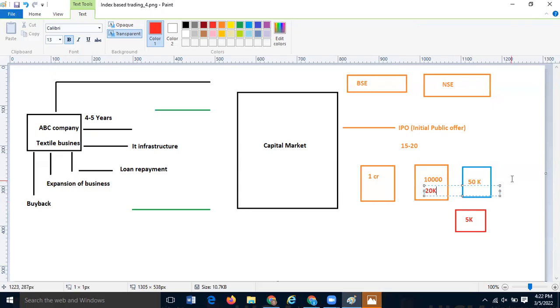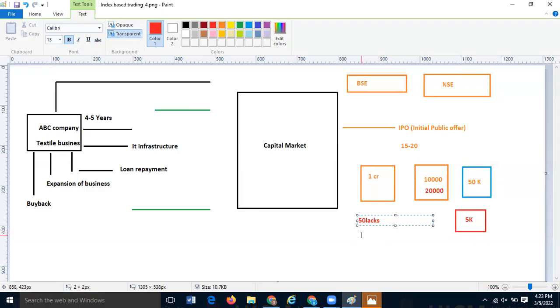Suppose they give 20,000 shares. They can, there is no issue. If tomorrow the company earns 50 lakh rupees, suppose for example, they have to divide it in terms of dividend. They will say we will give 50% dividend, so 25 lakh rupees we will distribute.